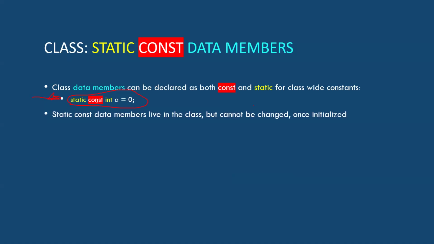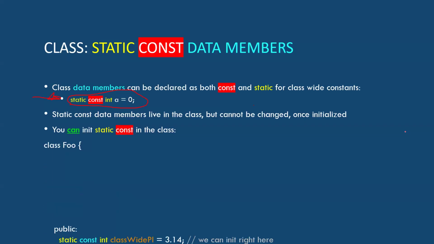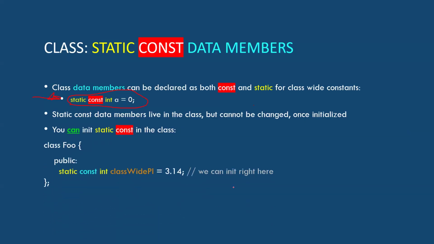But it's basically just saying, hey, I don't want it to ever go away and I don't want it to ever change, okay? Which is a little bit of an unusual animal, but we can do it kind of like that, okay? Const static int class wide pi. It's like, this is the pi that everybody who uses the foo class is going to be using, right? So we can put constants in our class and initialize them right there if we want to, okay?